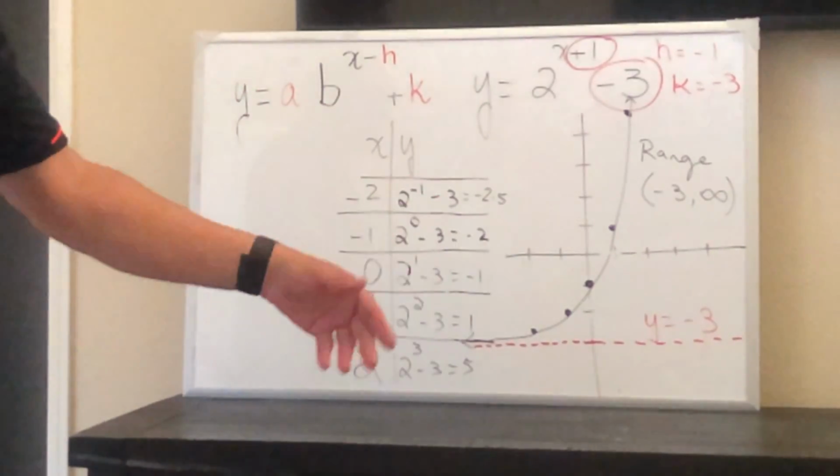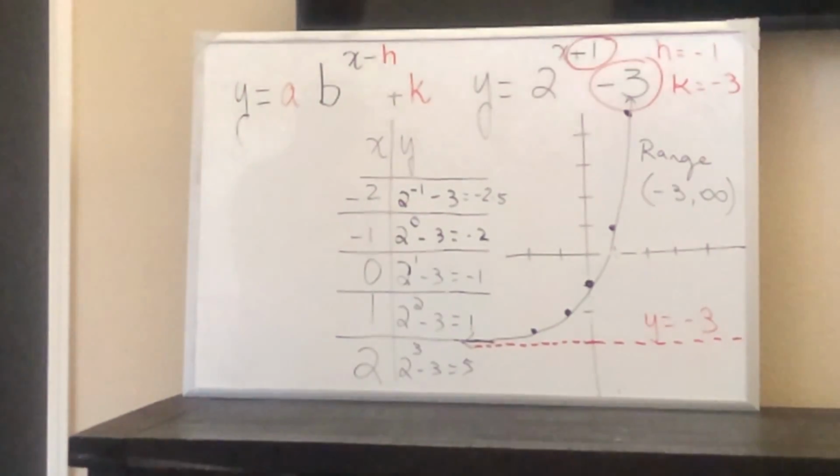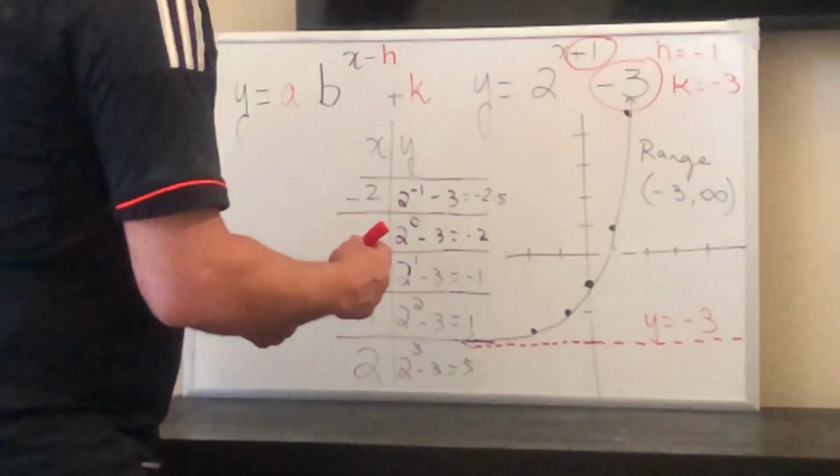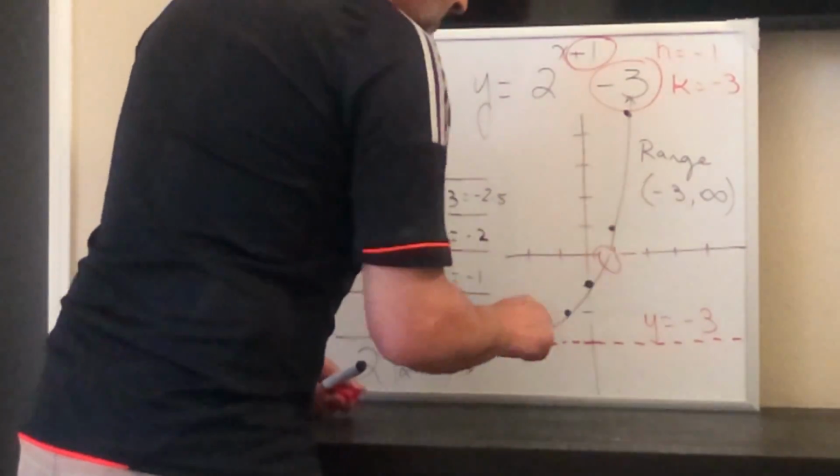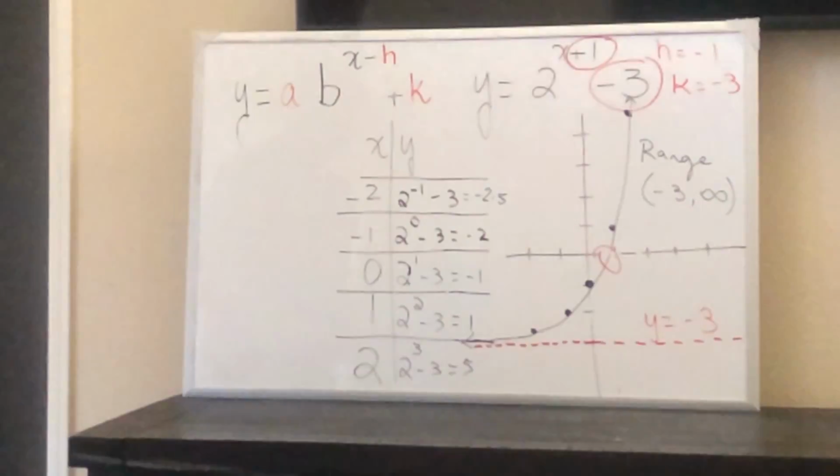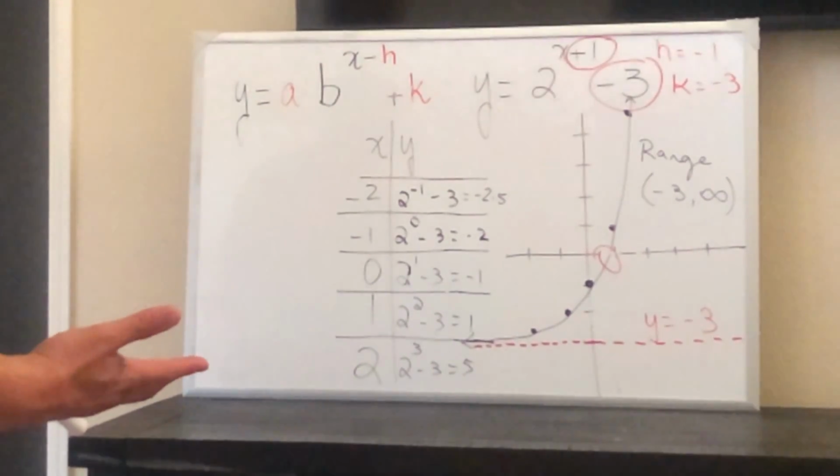There is, as always, no maximum value, no minimum value. And there is an x-intercept. It looks like it's between 0 and 1, but do I know how much it is?